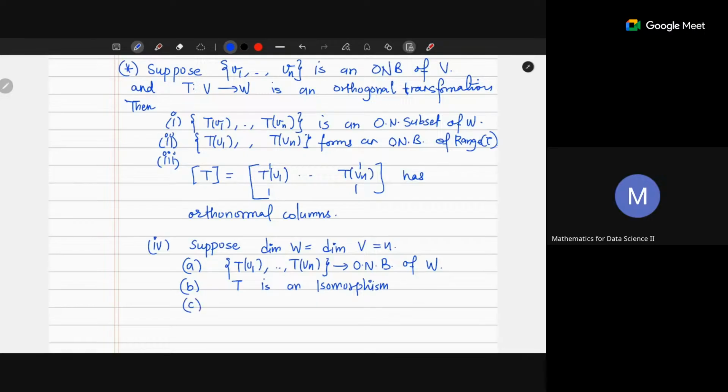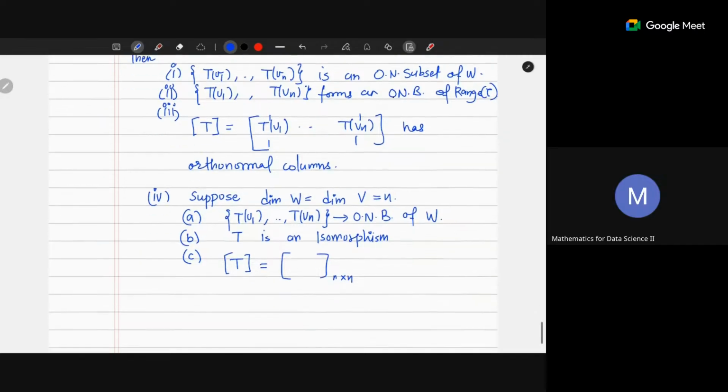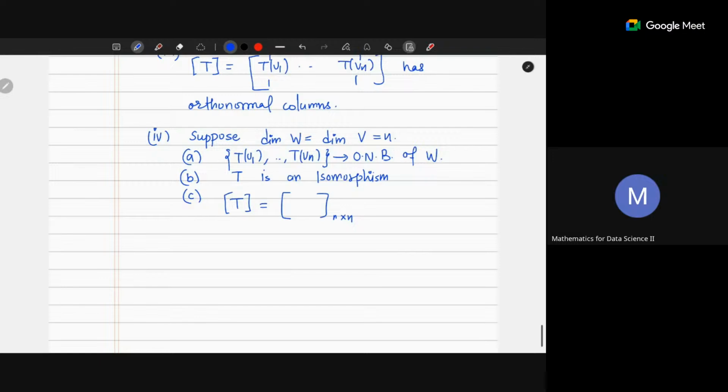Third point is that the matrix corresponding to T is of n cross n order, and because I'm working with orthonormal bases, it has orthonormal columns, each of order n cross 1.